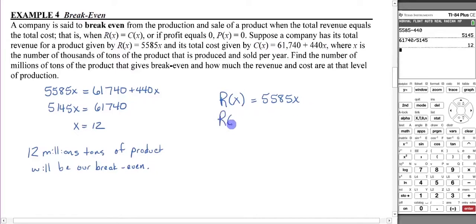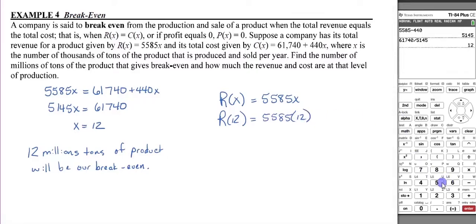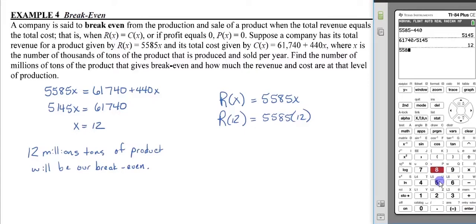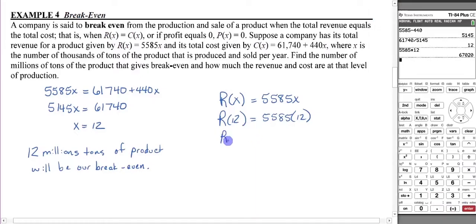So we just put the input of 12, our break-even number, and see what we get there. 5585 times 12, and we get the revenue when 12 million tons of product is produced and sold is going to be 67,020.